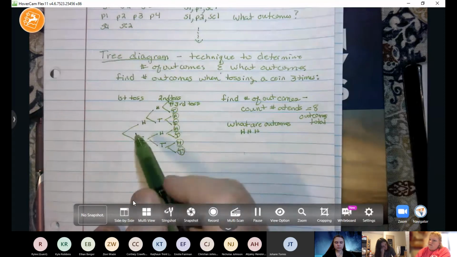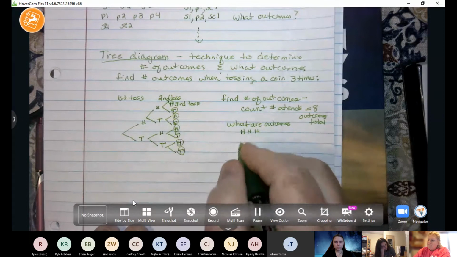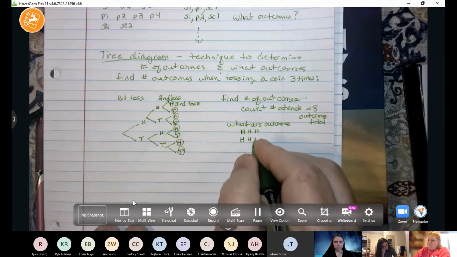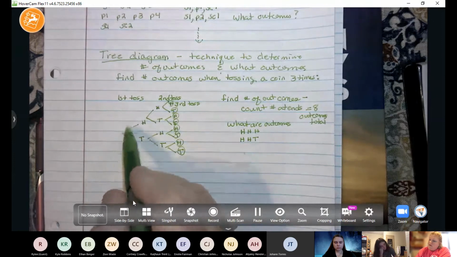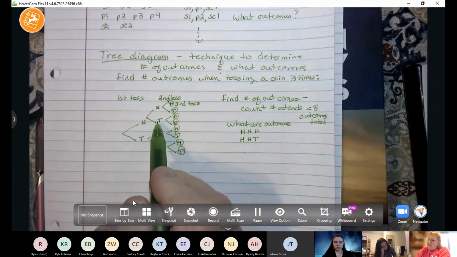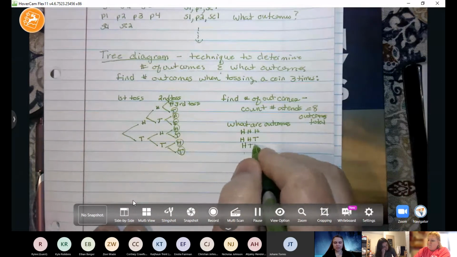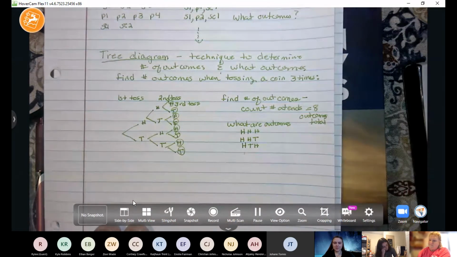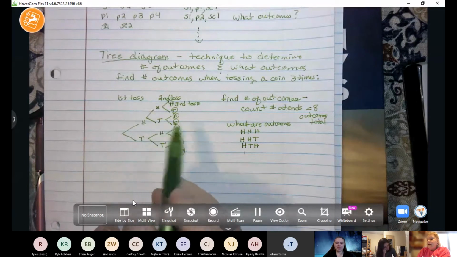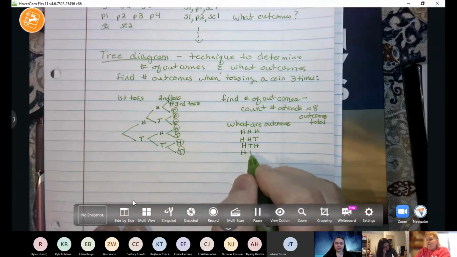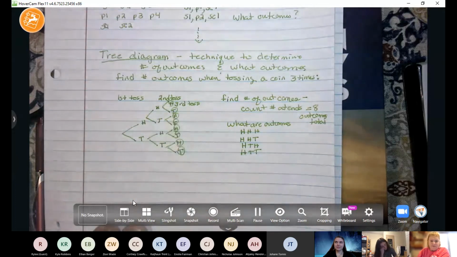Then I follow the next one, head to head to tails. And then I do head to tail to head. And then I follow head to tail to tail. And so that takes care of this first little branch up there.